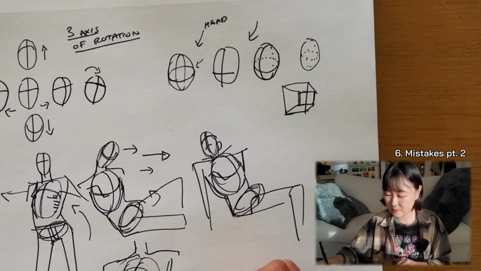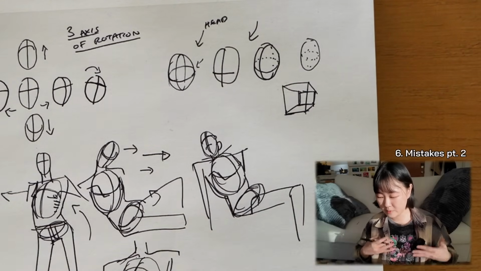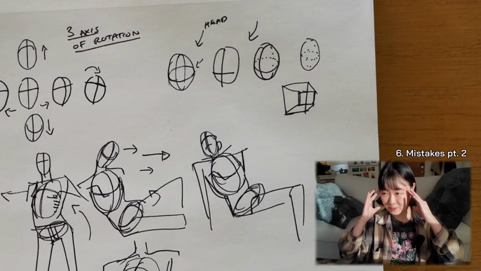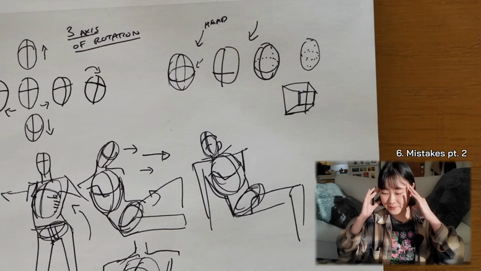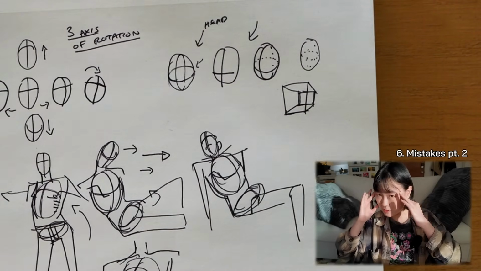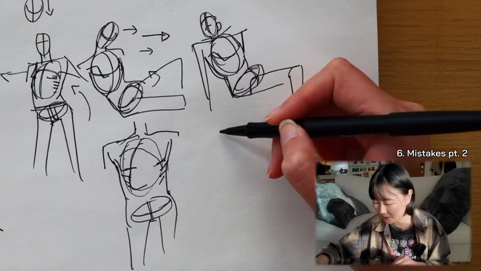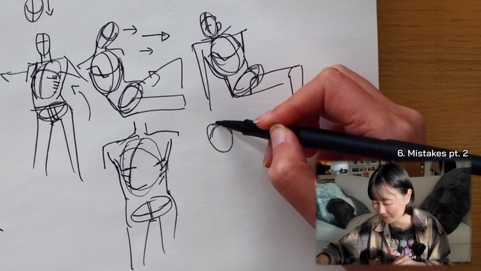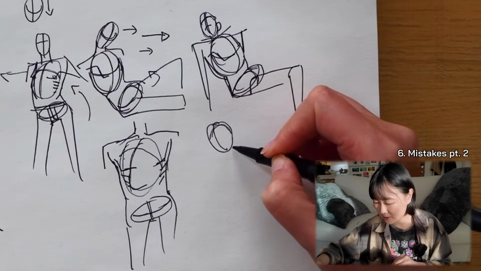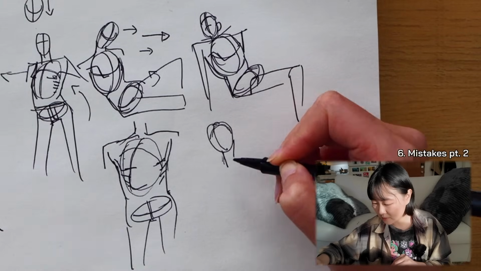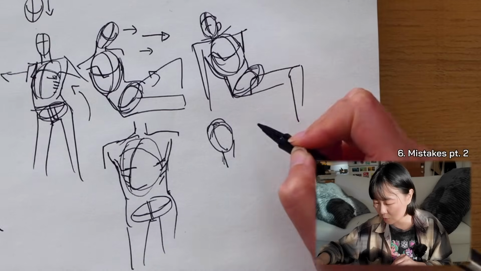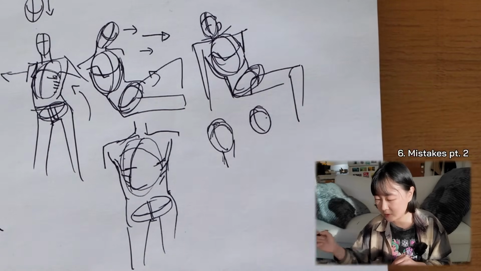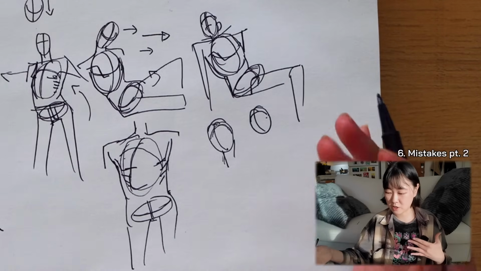This sort of mistake, not being able to place forms on top of forms, is also really common if you are really used to drawing in a certain style and drawing certain features looking a certain way. For example, the head. This sort of upwards angle, someone who is not used to drawing forms, if they draw this guideline for themselves, might not know how to deal with placing the features on top of this.